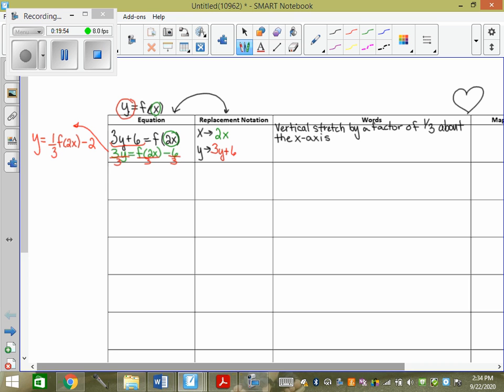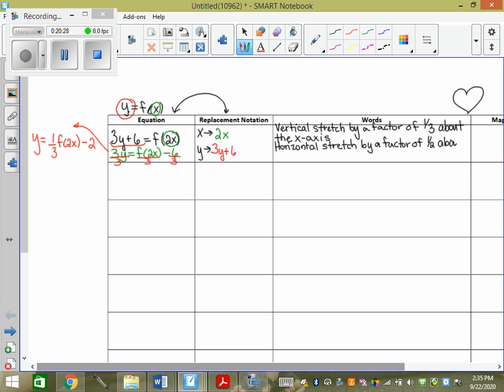Then I have a horizontal stretch. If it's with the variable, it flips. Is x always with the variable? Yep, so it always flips. Are my y's with the variable currently? No, so they don't flip. So I have a horizontal stretch by a factor of, it always flips, it's 2 over 1 currently, so it's going to be a half.